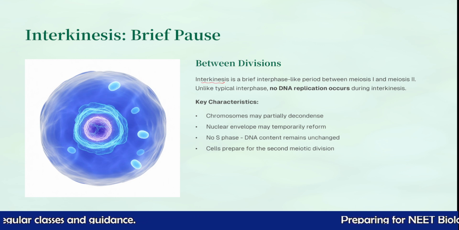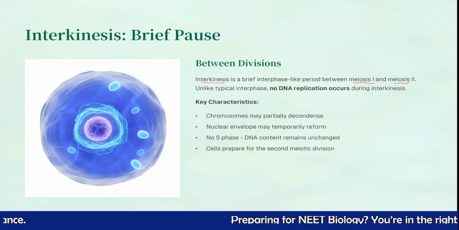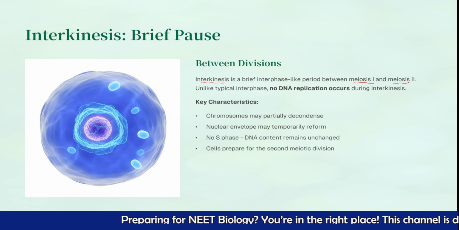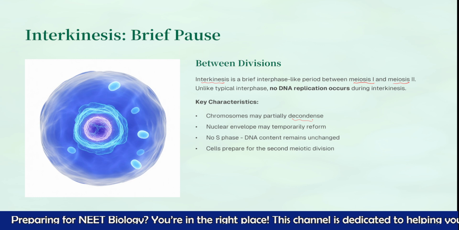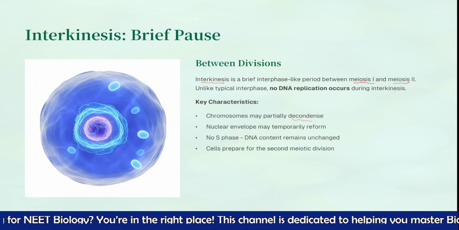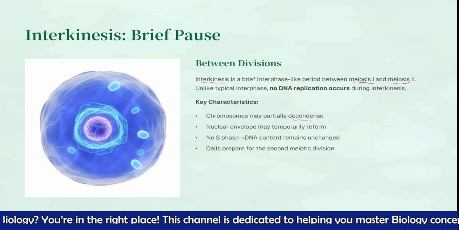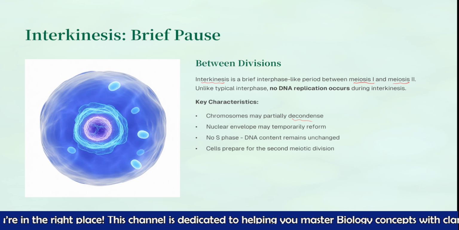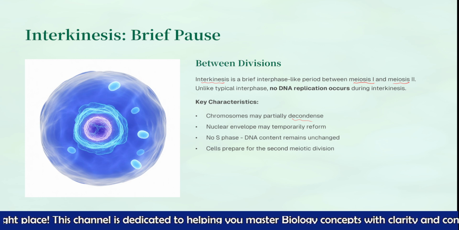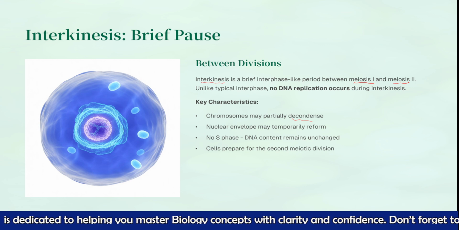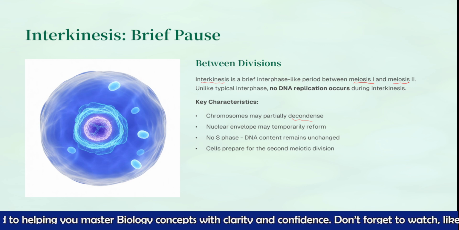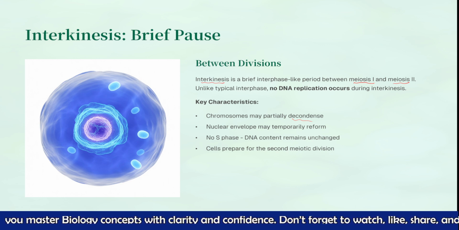The period between meiosis 1 and meiosis 2 is called interkinesis. During interkinesis, we can see partial decondensation of chromosomes. The nuclear envelope will be there. There is no DNA replication, no synthesis of DNA. It is just preparation, with metabolic reactions going on, and the cell is ready for the second meiotic division.